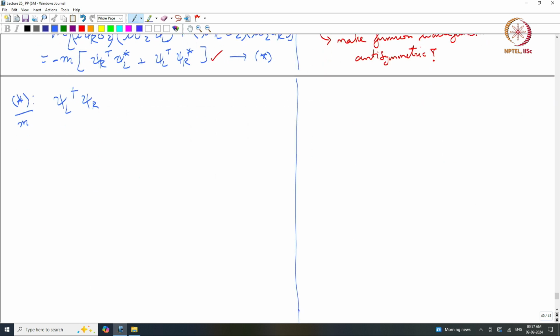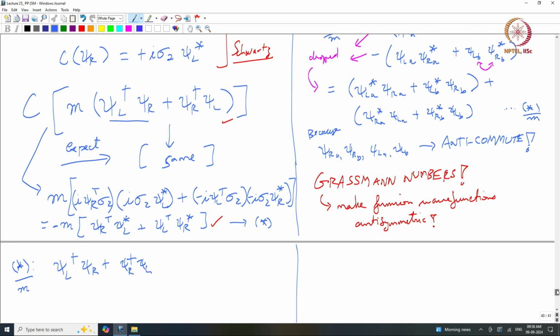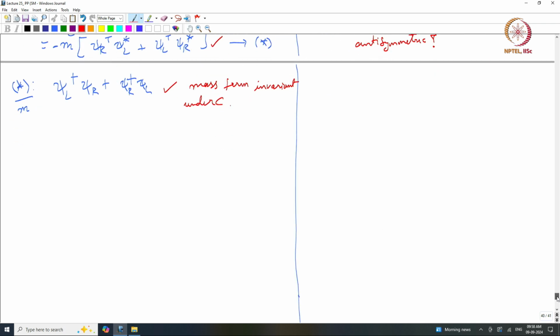It is giving me nothing but this, agreed. So, now I have psi l star psi r, so I am basically hitting the psi r with psi l dagger. See, we recovered the mass term. This was the mass term we began with, and then we ended up with the same mass term. So the mass term is invariant under charge conjugation. Okay, excellent.